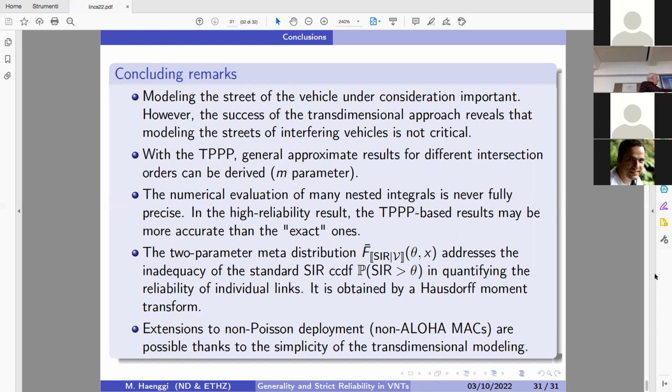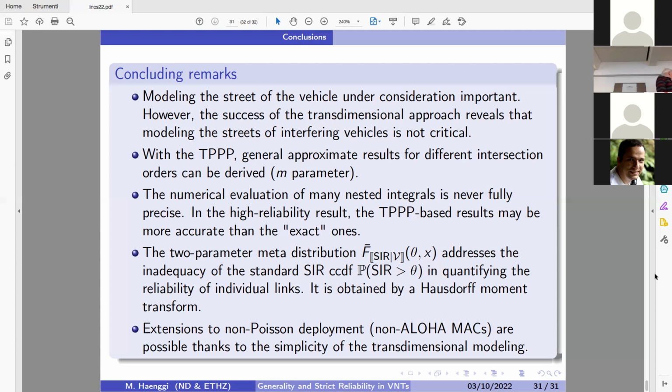In particular, in the high reliability regime, where the transdimensional approach is asymptotically exact, the transdimensional results might be more accurate than the ones you obtain from exact analytical expressions that we need to evaluate. The two-parameter meta distribution addresses the inadequacy of the standard SIR distribution in quantifying reliability of individual links.